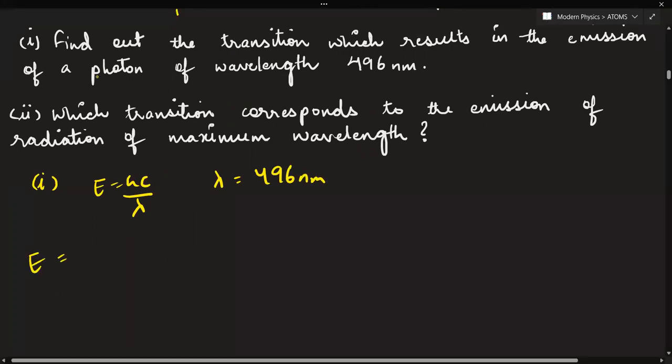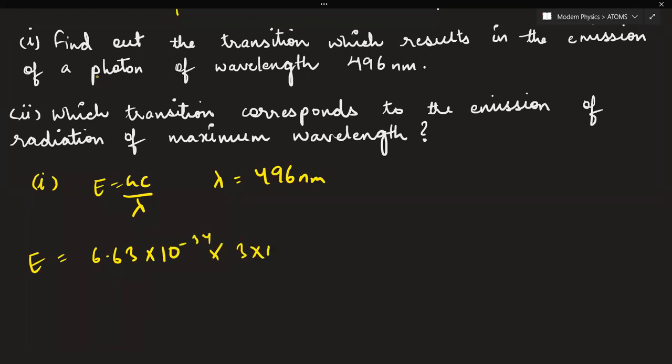So energy will be 6.63 into 10 to the power minus 34, c is 3 into 10 to the power 8, and the wavelength is 496 into 10 to the power minus 9 meters, and we have to convert it.